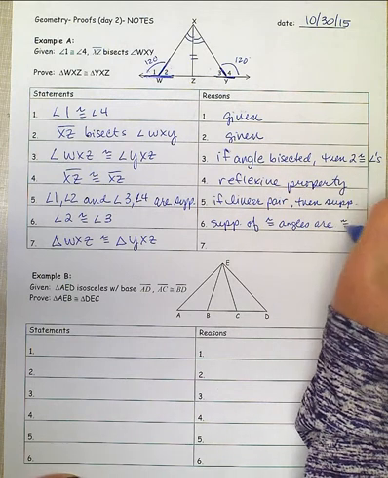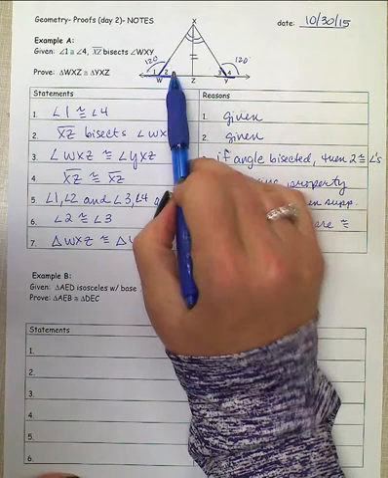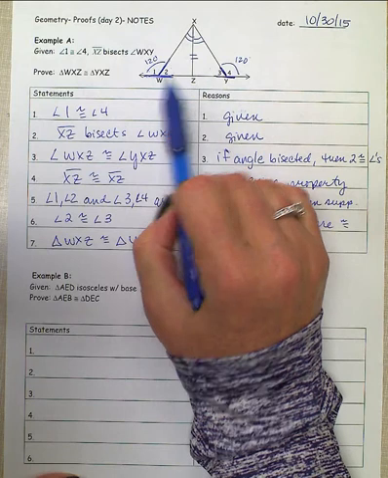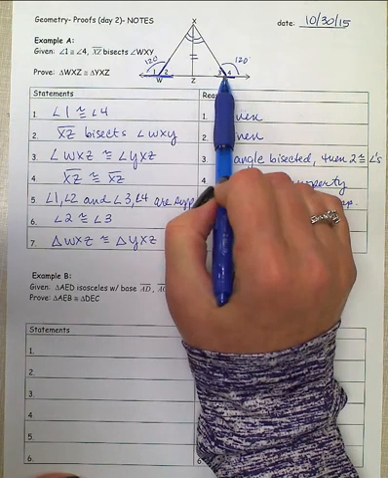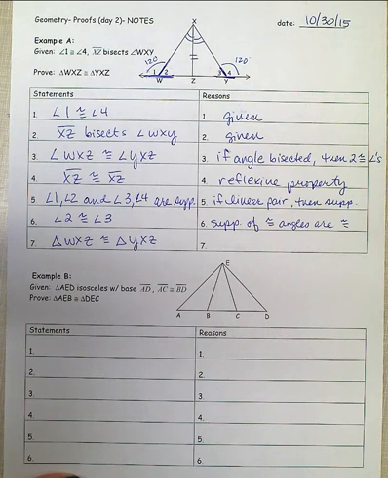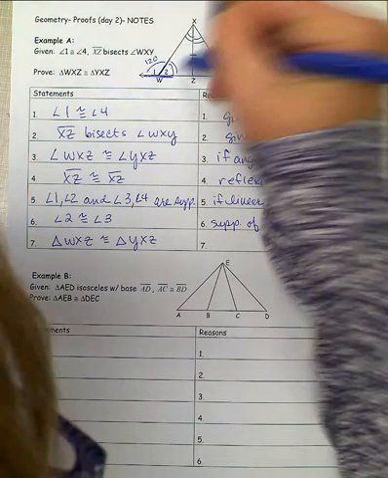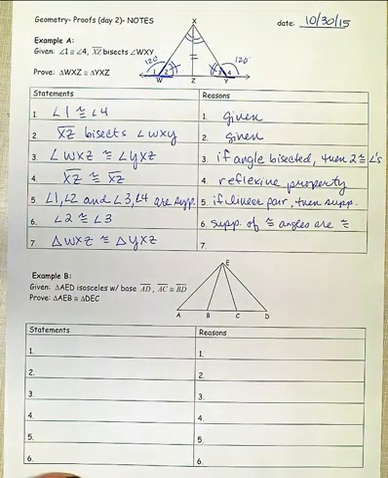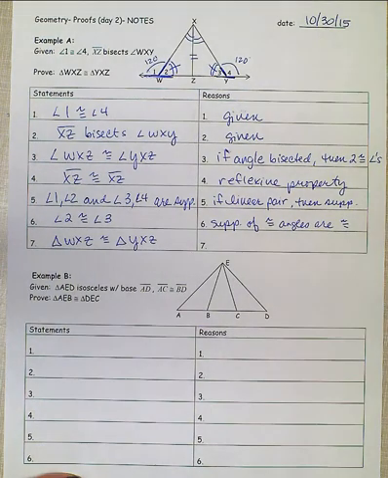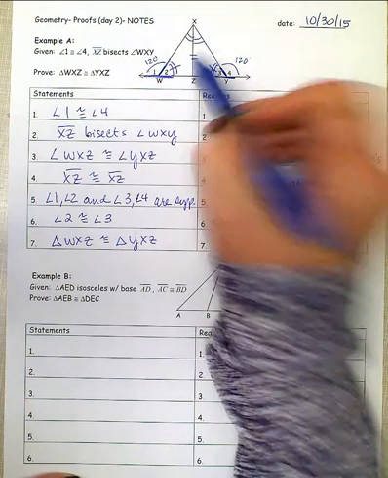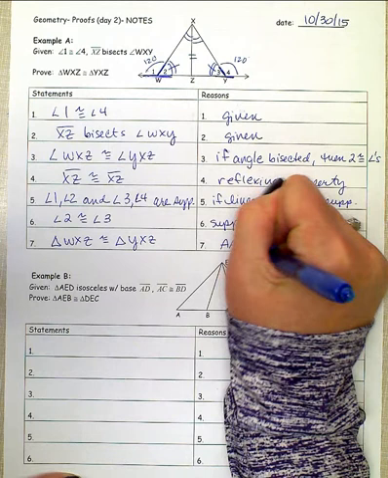These two would both be supplementary to the same angle, so that leaves these two being congruent. If you have to plug in some numbers, then go ahead and do that. Then I have this angle, I'll show that by a different tick mark, is congruent to that one. So now I have these two triangles congruent by angle, angle, side.